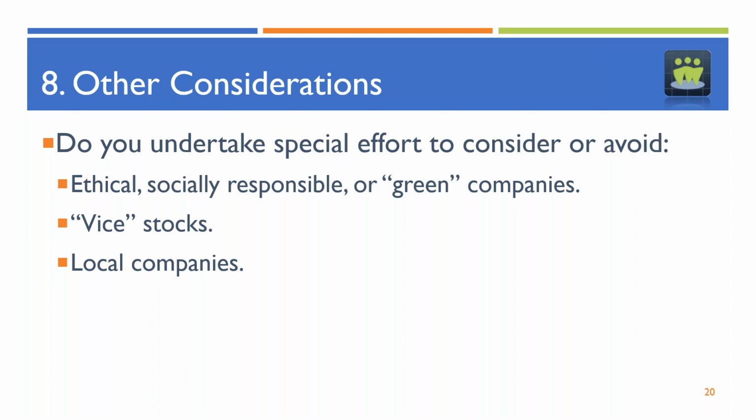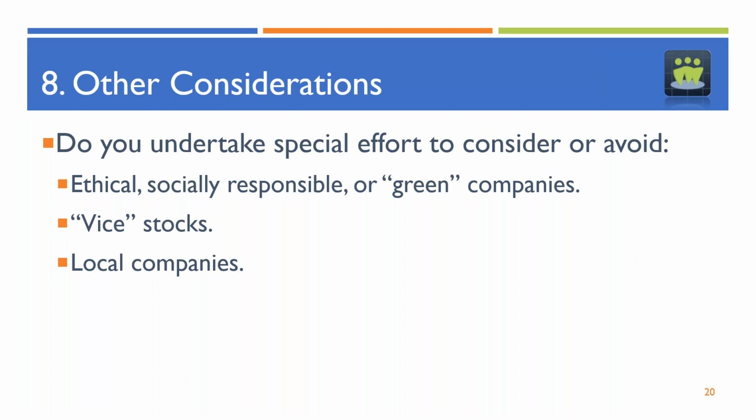If those criteria are important to you, they can be included in the investment policy statement. If you would like to eliminate vice stocks or stocks in particular sectors or industries, some investors like to stay away from firearms makers or tobacco companies or defense stocks and military stocks. If that's the case, again, you can incorporate that in your investment policy statement.